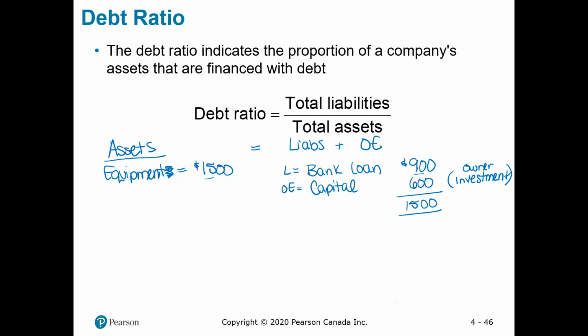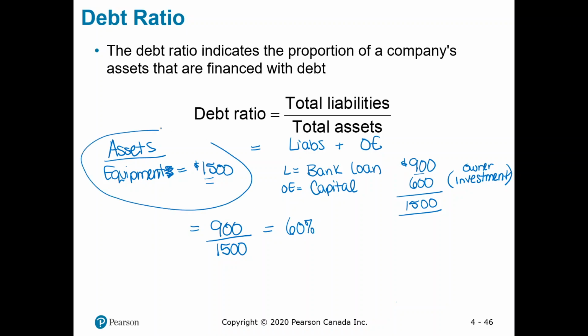So if we quickly calculate the debt ratio for this, we take our total liabilities, which is $900, and we divide that by our total assets, the $1,500. And this gets us to 60%. So 60% of this equipment was financed by taking on debt, this new bank loan.